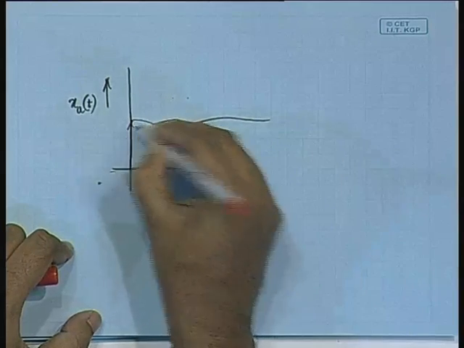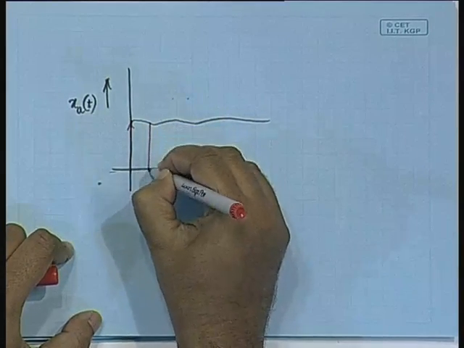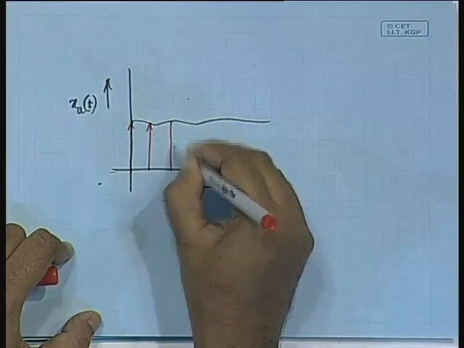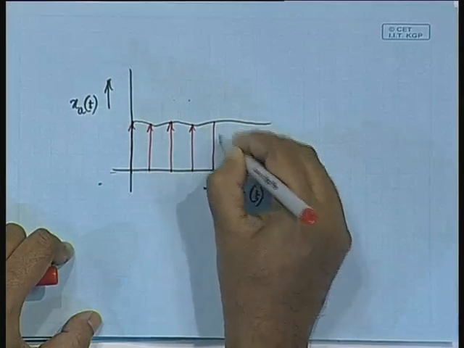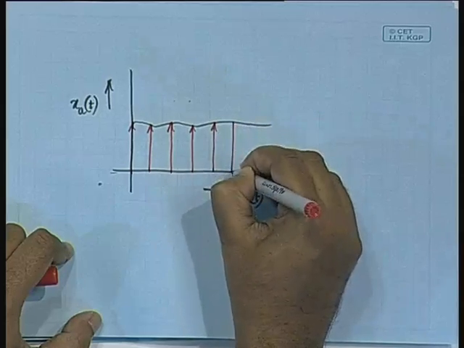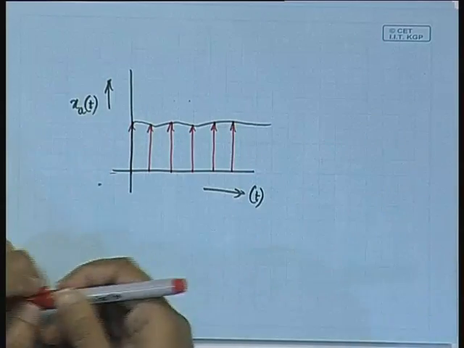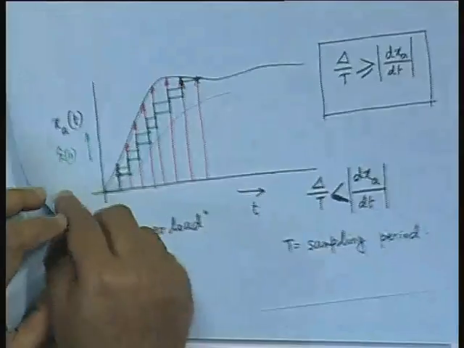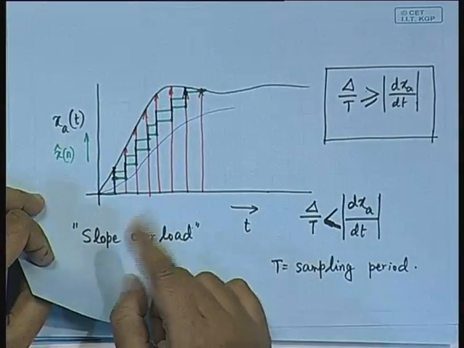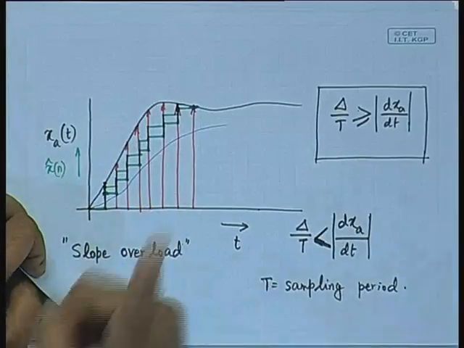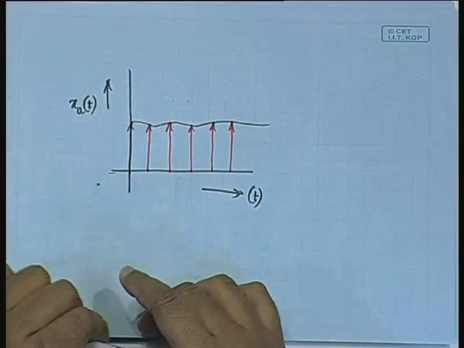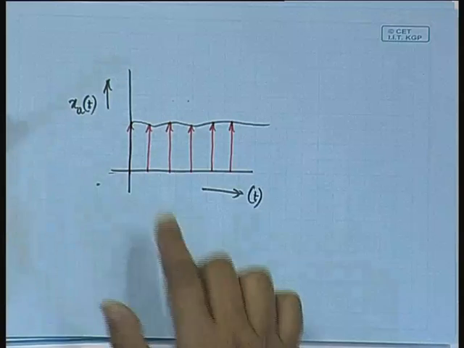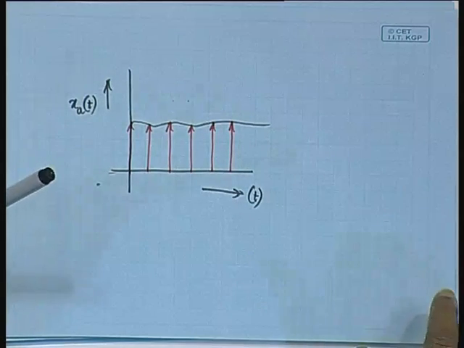So, this is where the first sample is, this is where the second sample, third sample, fourth sample, fifth sample, sixth sample, like this. And mind you, in order to track down the analog waveform, we have decided to increase delta. And now, with increased delta, let us see how our performance will be for a more or less uniformly varying waveform.